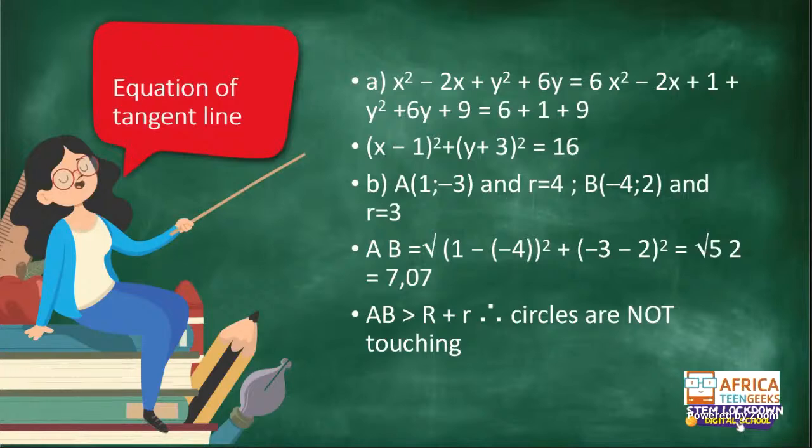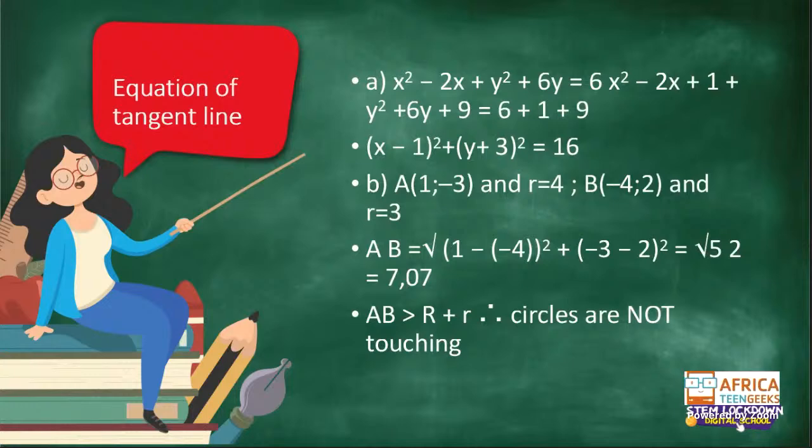Now, in this case, the distance between AB is going to be square root of 1 minus 4 all squared plus bracket minus 3 minus 2 all squared, which is equal to square root of 52, and the square root of 52 here is equal to 7.07. If you also look at the radius of circle A and circle B, the radius of circle A is 4 and the radius of circle B is 3.